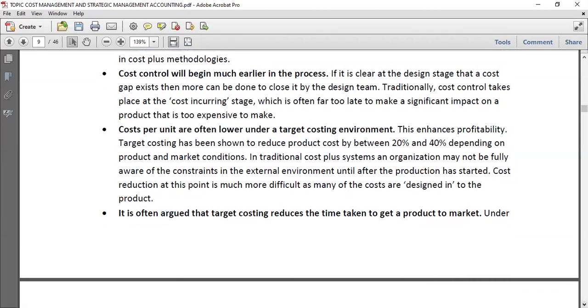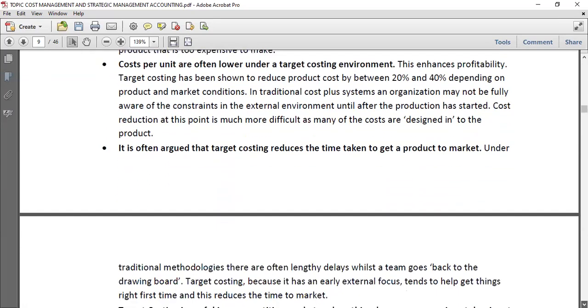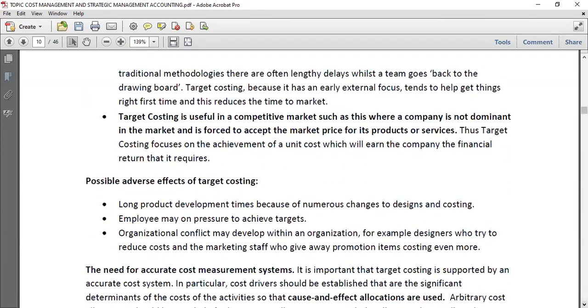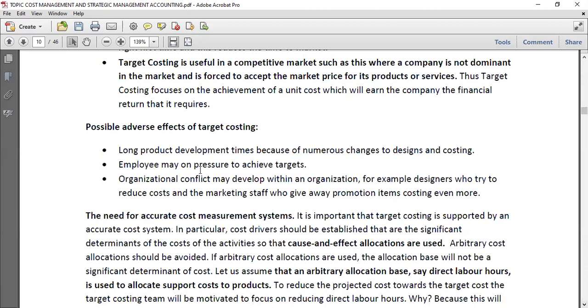So you may just need to read more and understand how most of them are. Of course, we have adverse effects, basically disadvantages also. The product development stage may take a little longer because it's back and forth. There are usually numerous changes. We have a lot of employee pressure because there are targets in place. So employees are under pressure to achieve the targets, okay?